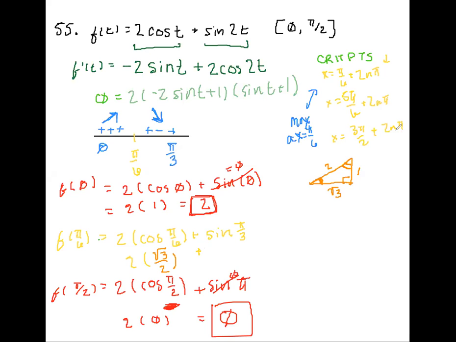It is opposite over the hypotenuse. So that is going to be root 3 over 2. And this is going to be equal to 3 root 3 over 2.